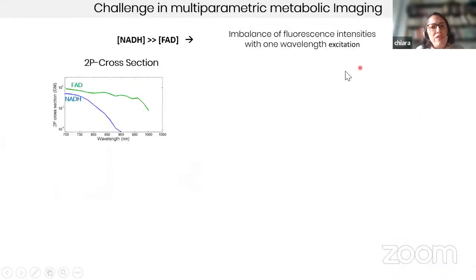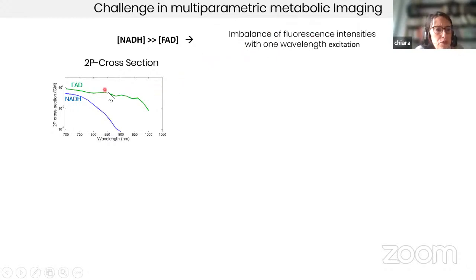But one of the limitations is that performing simultaneous NADH and FAD imaging with one wavelength is kind of complicated. Although they have overlapping spectra, the concentration of the two biomarkers is different. So it's very hard to get a good balance of the two intensities in the two biomarkers simultaneously.